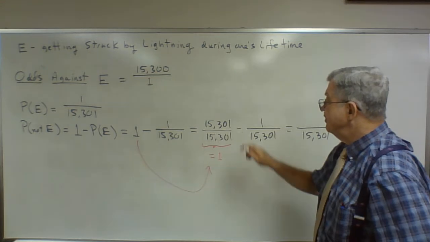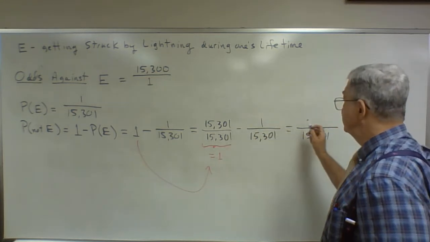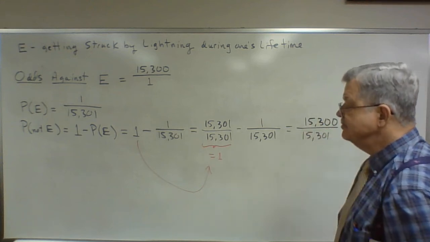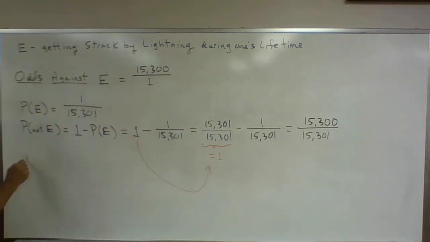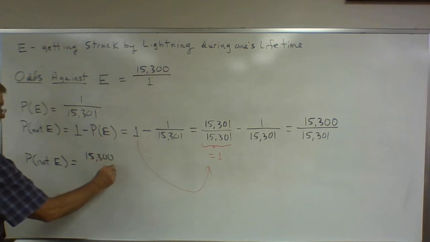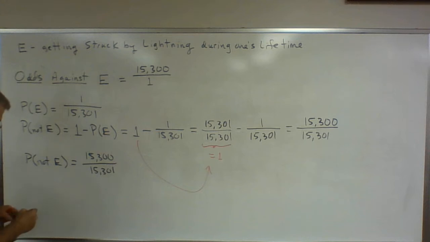And we just subtract numerators. 15,301 minus 1 is 15,300. So what we've established here is the probability of E not occurring, that is the probability we don't get struck by lightning, is 15,300 over 15,301.